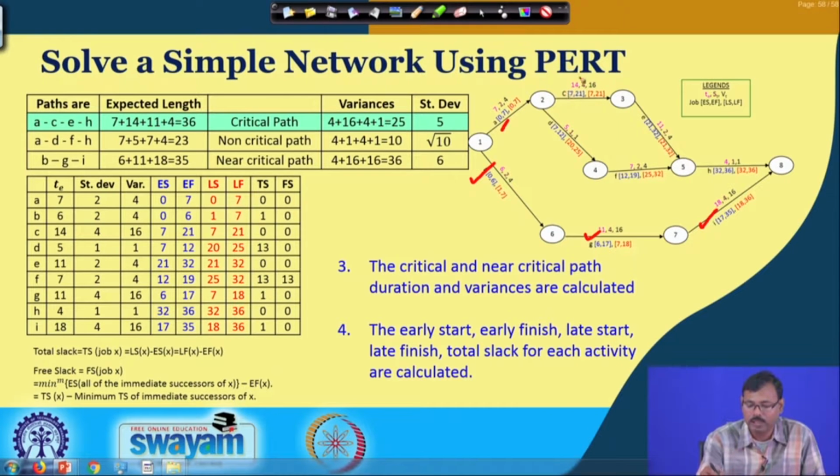The predecessor of C is A. So, it can start at 7, and 7 plus 14 is 21. For this one it is 7 plus 5 is 12, then 12 plus 7 is 19. Here it is 21 plus 11 is 32. So, the latest between 19 and 32 is 32. So, the early start time of this one is 32, and 32 plus 4 is 36. That is why the early start and early finish times are given in the blue arrow, separated by commas in the jobs.